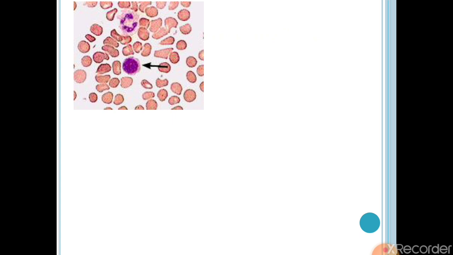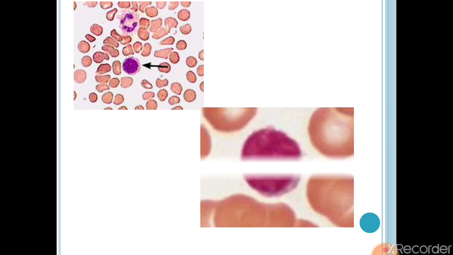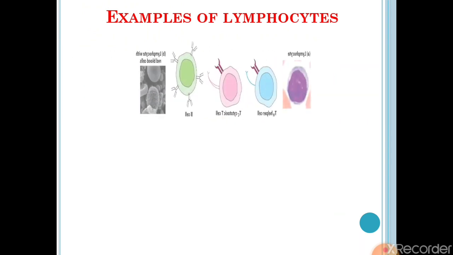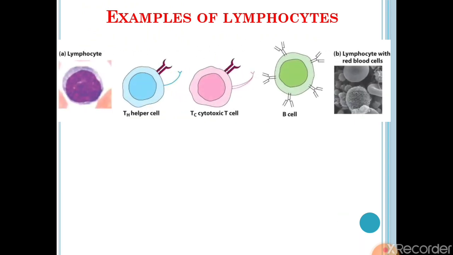This is a slide in which I am showing the lymphocytes. Now, the resolved picture shows the thin rim of cytoplasm. Now, the examples of lymphocytes which I have shown by picture. Now you can see the lymphocyte with thin rim of cytoplasm. The lymphocytes can be T lymphocytes and B lymphocytes.